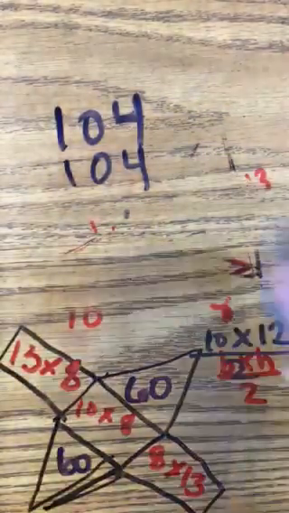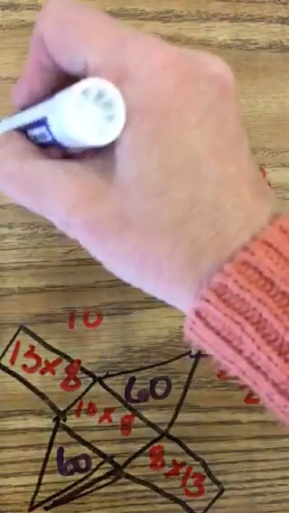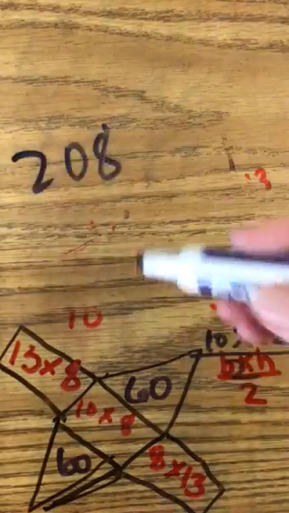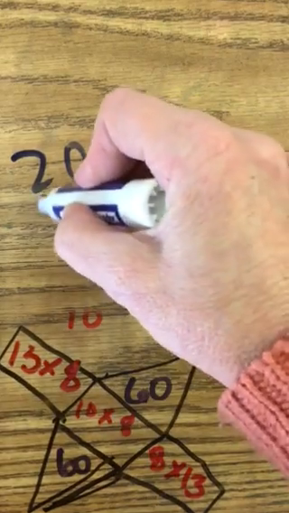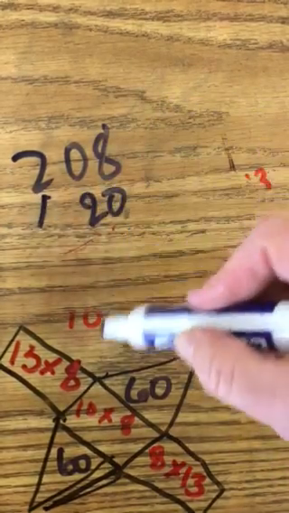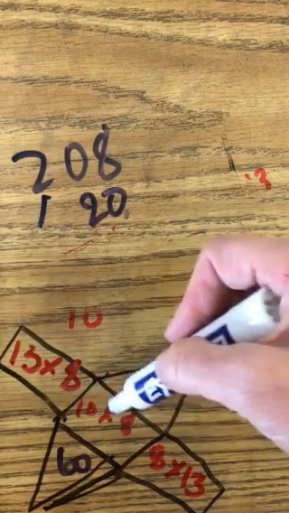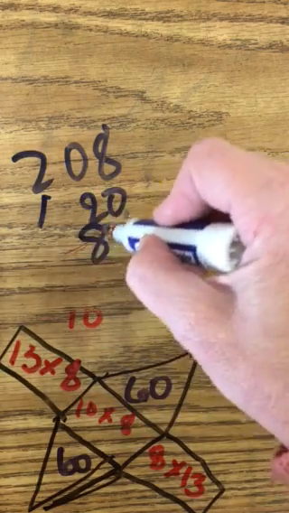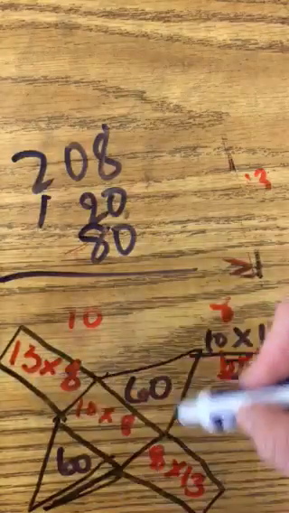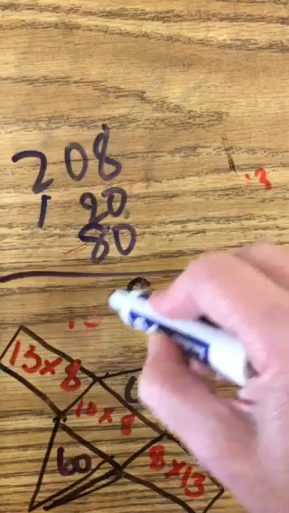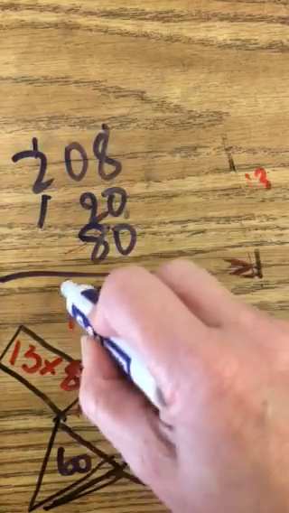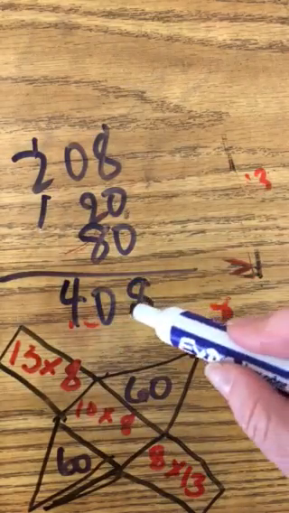Or I can just add those, 208, plus my 2 triangles, which would give me 120. And then in the middle, I have the 10 times 8, 80. And now I have accounted for all of those portions there, and I can add them up together. And I should have 408.